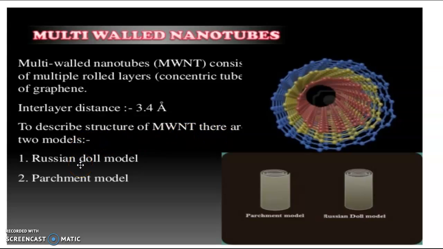The first one is the Russian doll model and the second one is the parchment model. You can see this image. In the parchment model, it is continuously rolled up, whereas in the Russian doll model, we see concentric circles like rolled up. So these are the two models of multi-walled nanotubes.